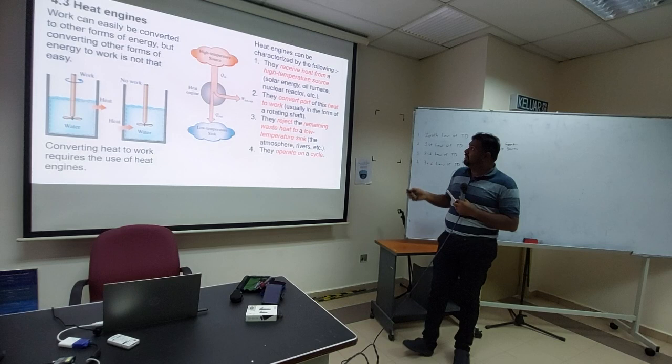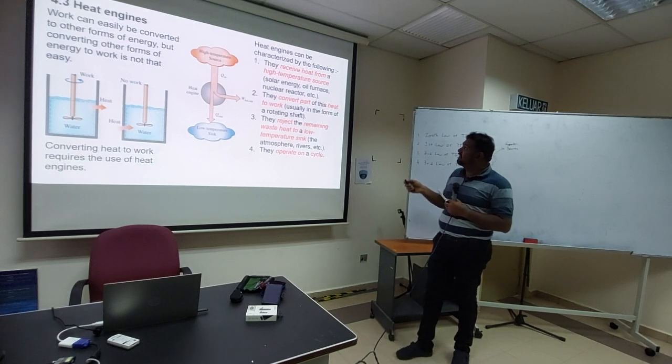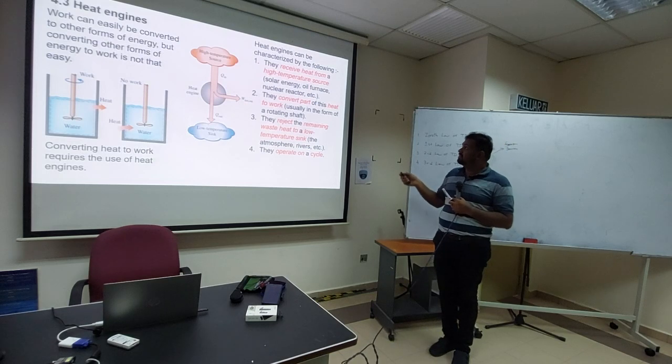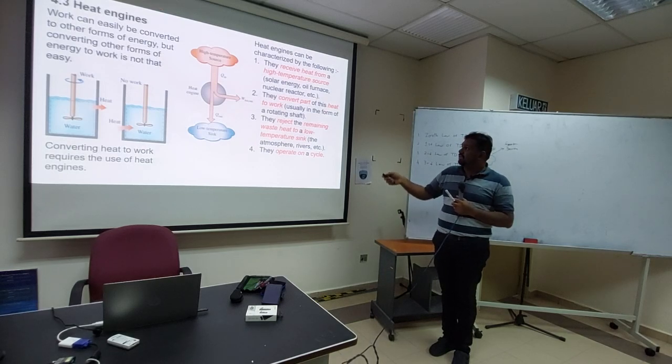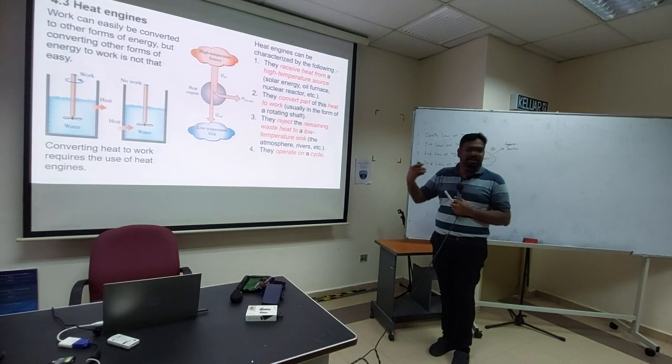Okay, so heat engines can be characterized by the following. They receive heat from a high temperature source. So you have a high temperature source, let's say this is 500 degrees Celsius. You have a heat engine here because we know that a heat engine will help you to convert heat to work, which is not easily done naturally.